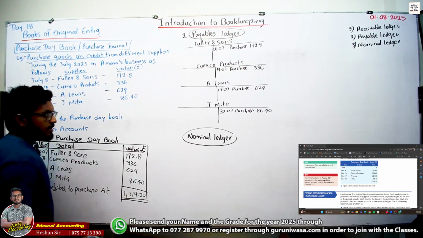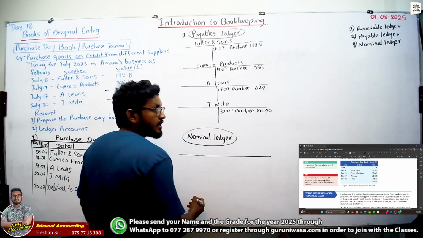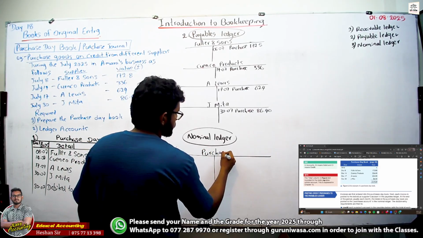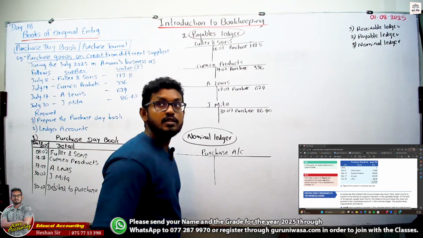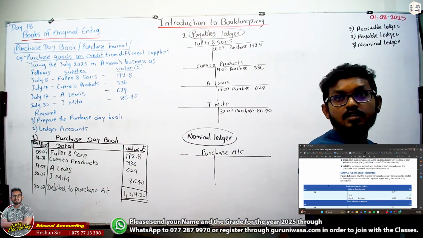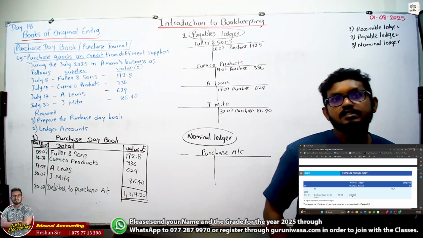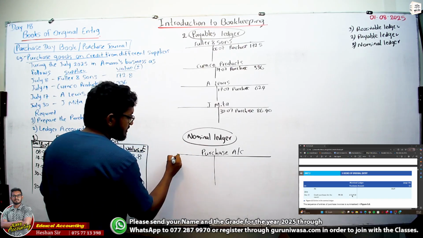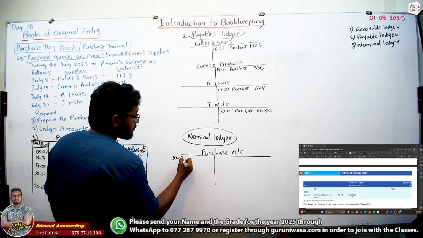Right, so in nominal accounts, we open an account called purchase account. So when we write in here, we put the month end date. Why?